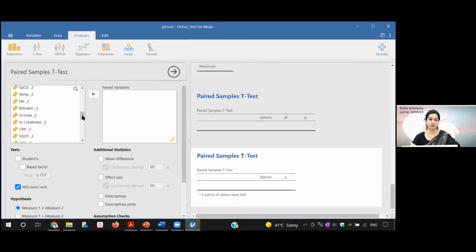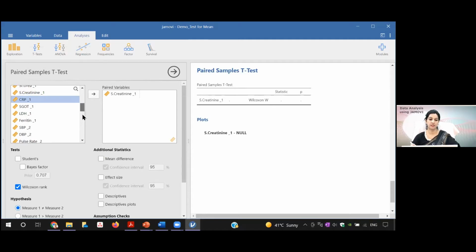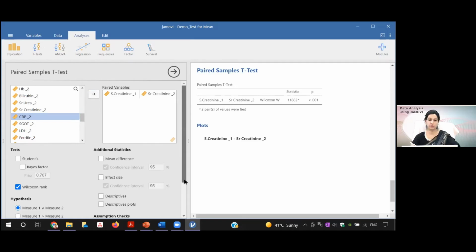So I'll go to this creatinine because I know now that creatinine is not normally distributed. So I'll shift this creatinine here and then shift this creatinine to paired value assumption. This is distributed.